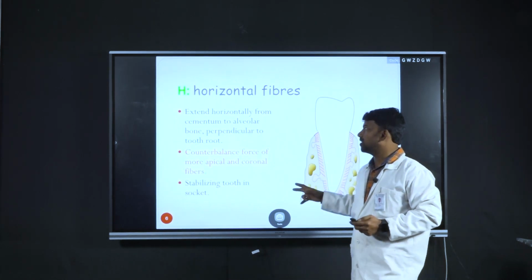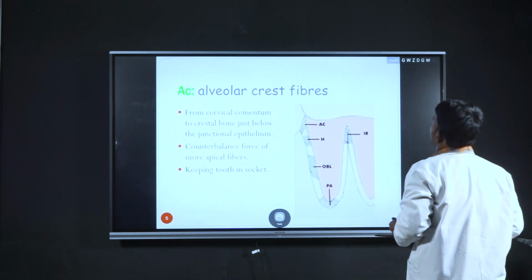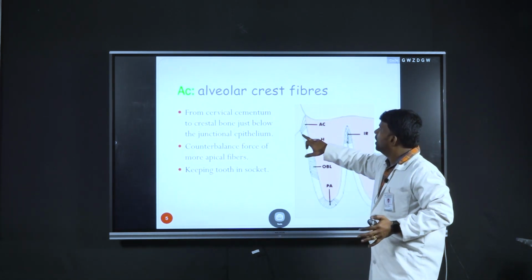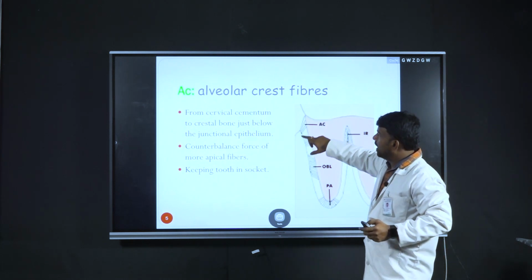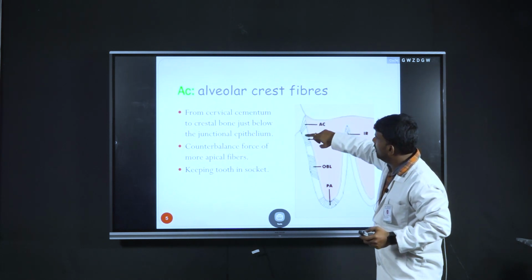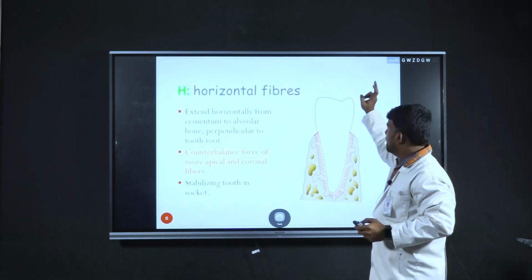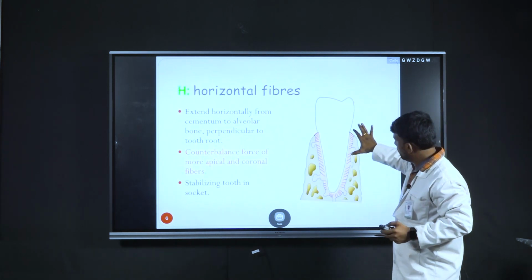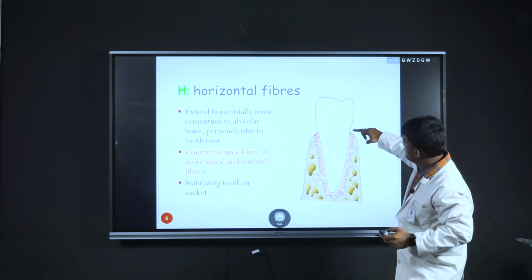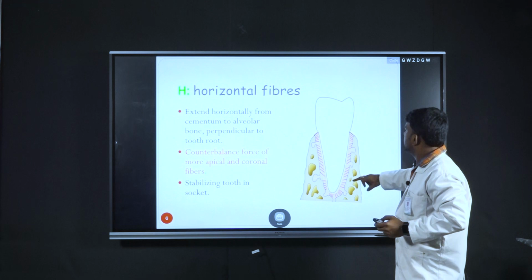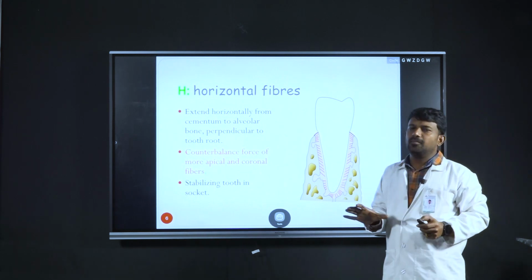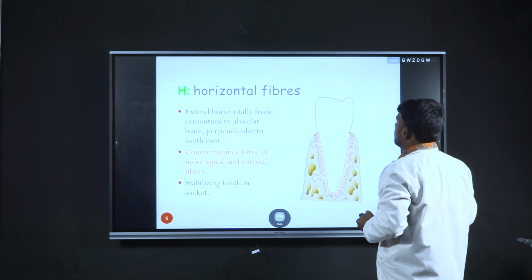Horizontal fibers stabilize the root, and alveolar crest fibers form a mass of gingival fibers along with the cementoenamel junction. They connect these two, so they are called alveolar crest fibers. And second is horizontal fibers. These extend from the crestal region and form the bulk of fibers connecting the cementum to the alveolar bone.